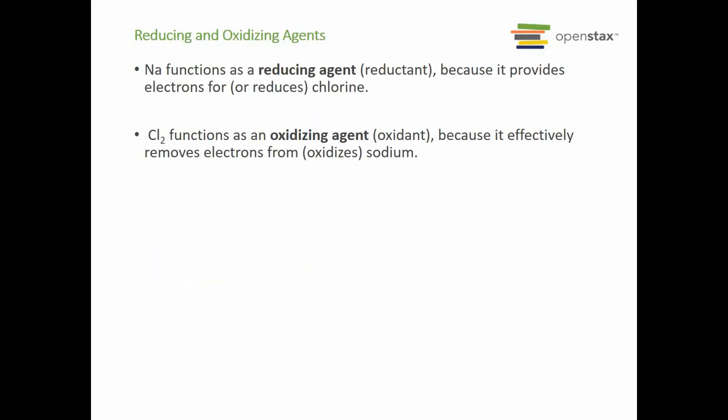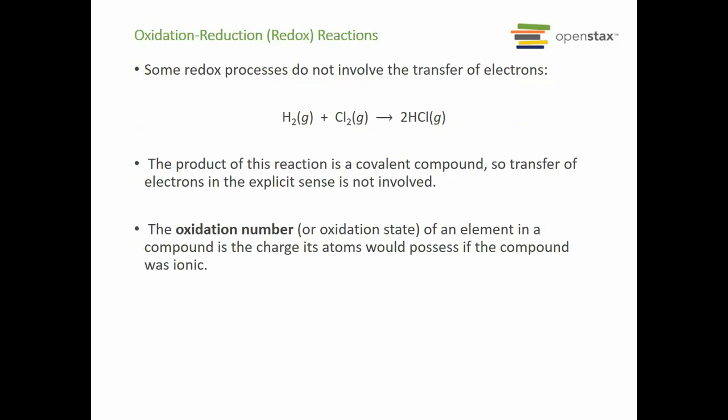Sodium functions as a reducing agent because it provides electrons, or reduces chlorine. Chlorine functions as an oxidizing agent, oxidant, because it effectively removes electrons from, or oxidizes, sodium. As I like to say, the reason why we use antioxidants is because oxidants do happen.